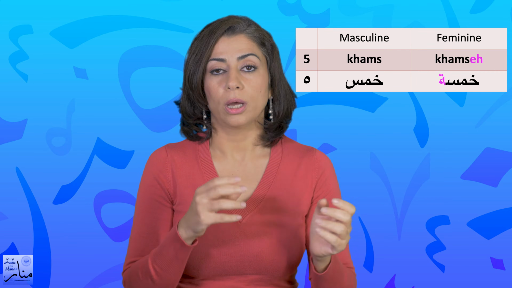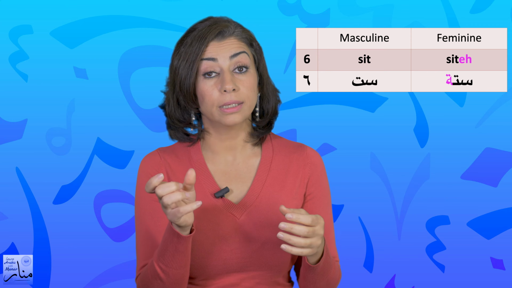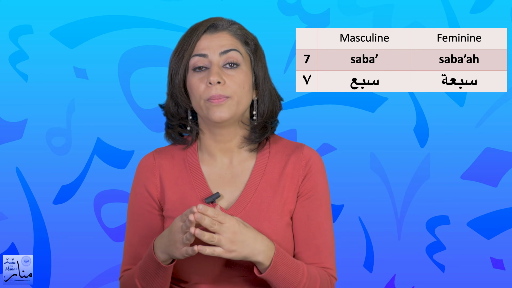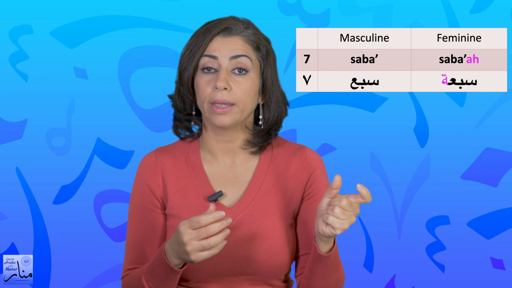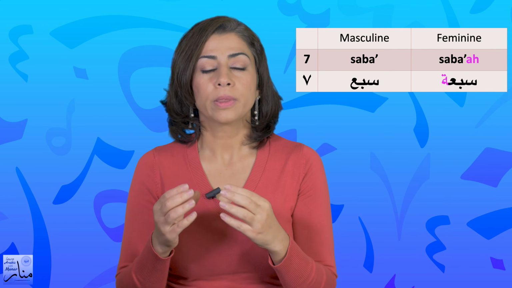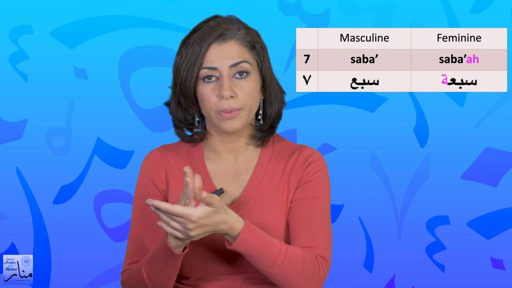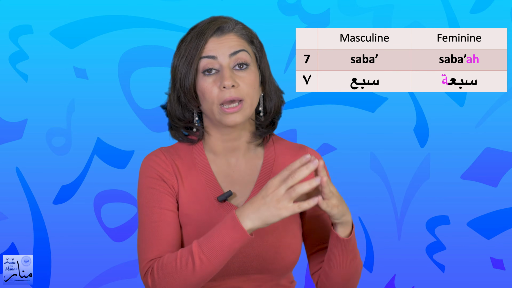We are just adding the ta marbuta. 6, we are also just adding ta marbuta to the end. ست, ستة. 7, سبع, سبعة. We are also adding just ta marbuta to the end, and we have to pay attention because سبع is also ending with the letter ayn. So سبع we are stopping, سبعة we are just letting a little bit of sound after the ayn.